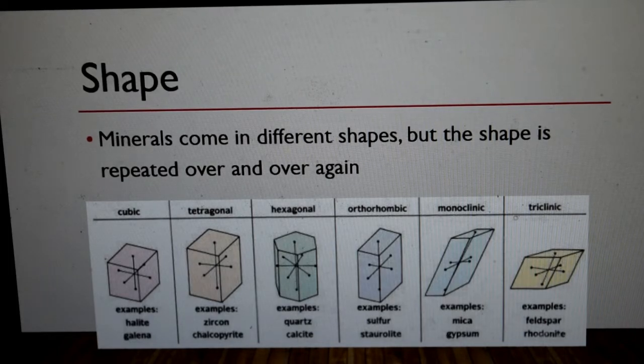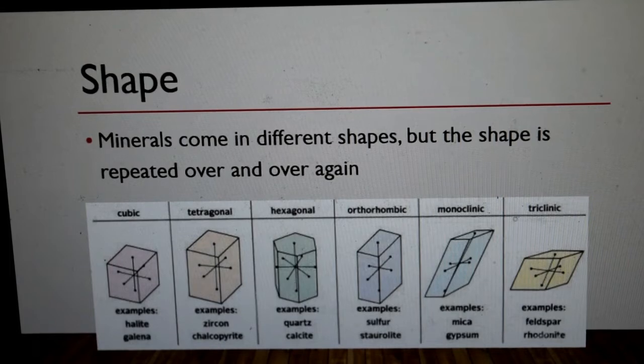And then we have quartz and calcite, which are more hexagonal in shape. Sulfur is more orthorhombic, which I'm not quite sure what that means. We'd have to look that up. Mica and gypsum are monoclinic, which is a little more slanted cube.